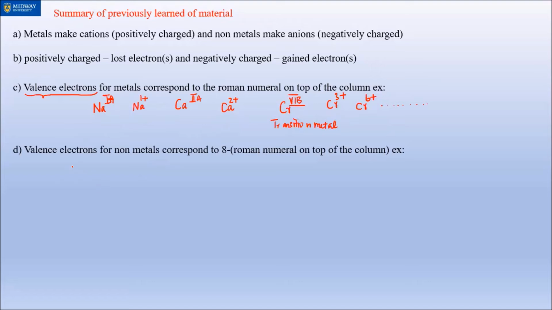Valence electrons for non-metals also correspond to the Roman numeral on top of the column. But with metals, whatever the valence electron count is is what it can lose. That's not the case with non-metals. For instance, let's choose nitrogen. I've already demonstrated that in the previous video. Nitrogen is 5A.